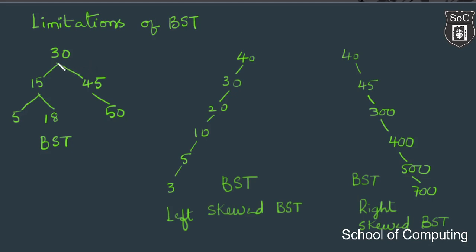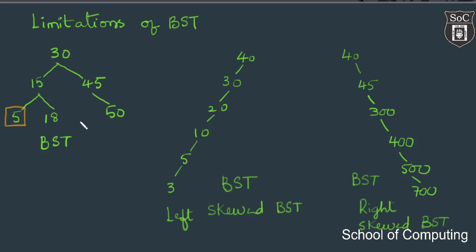I will compare 5 with 30, it does not match, and 5 is less than 30, so I will come to the left side of the tree. I compare 5 and 15, 5 is less than 15, so I come to the left side of 15 and I find 5 here. So in hardly 3 comparisons I came to know that 5 is present in this particular binary search tree.